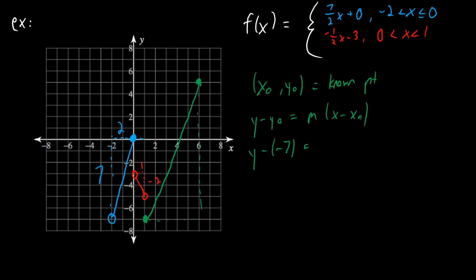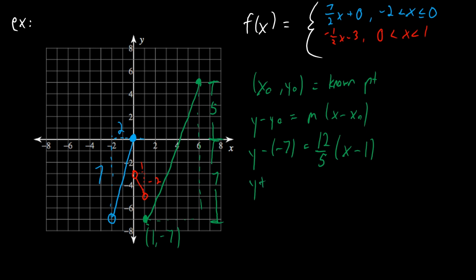All right, so this distance is 5, and this distance is 7. So this is going to be 12, and we go over 5. So 12 over 5, x minus 1. Okay, and we're using this point 1, -7. Okay, so let's simplify this.